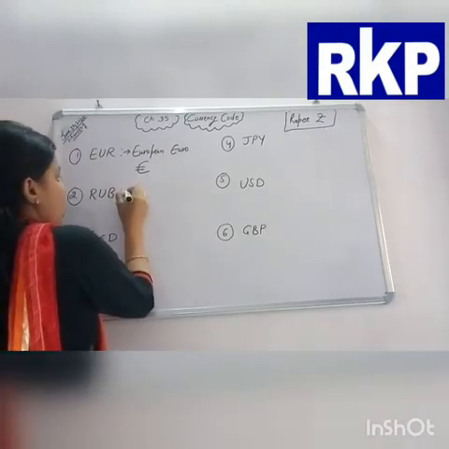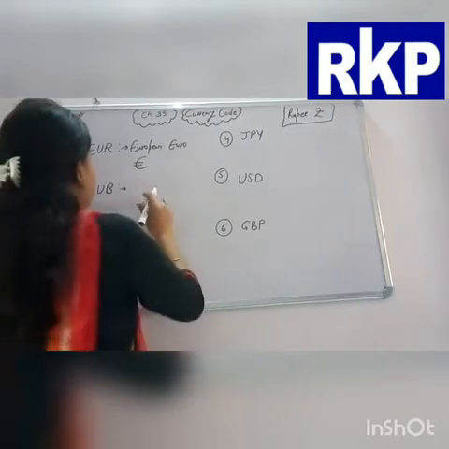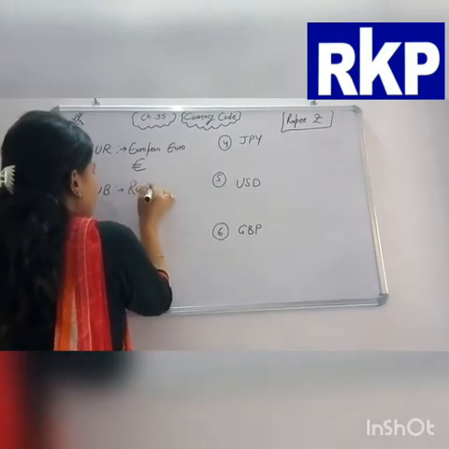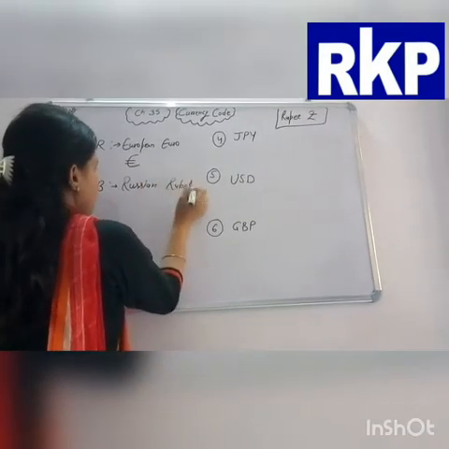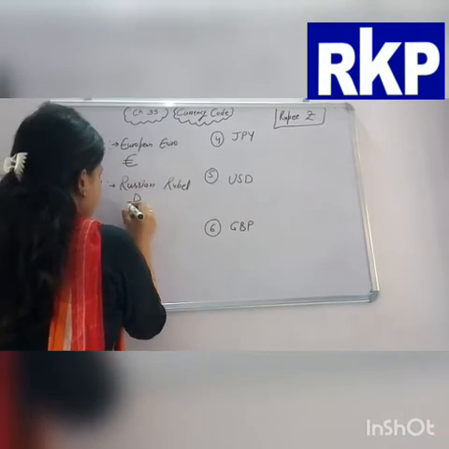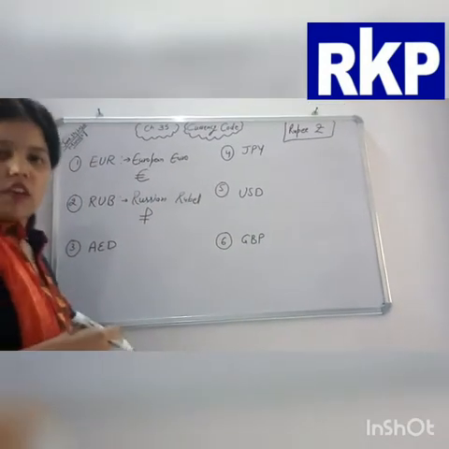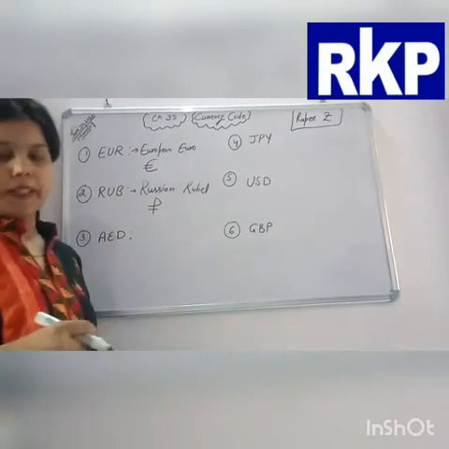Next is RUB. RUB is the currency code of Russian ruble. And the symbol is like this. Russian ruble, like this. It is the currency of Russia. Next code is AED.